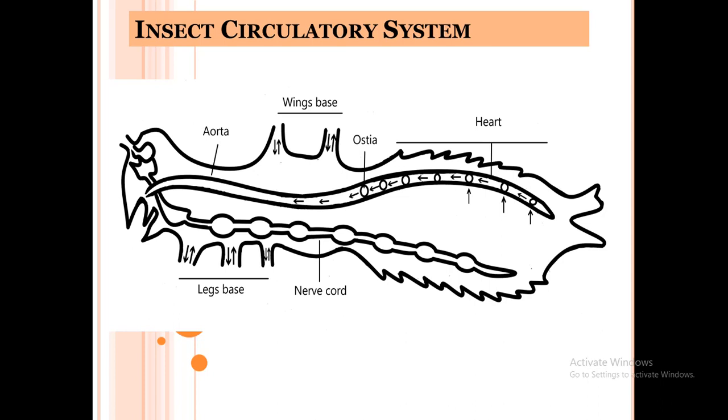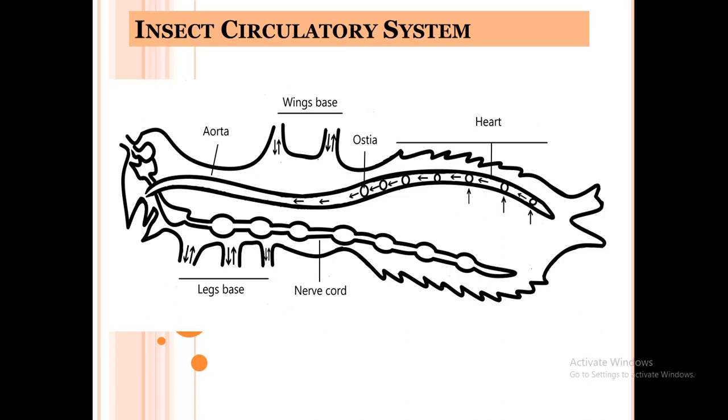Starting with the circulatory system of an insect: it is different from those of vertebrates and also from many invertebrates, in that the major portion of blood or hemolymph is not found within a confined or closed system.